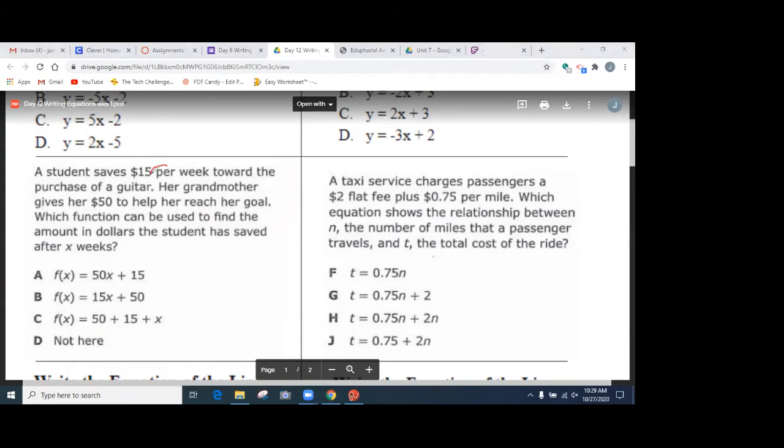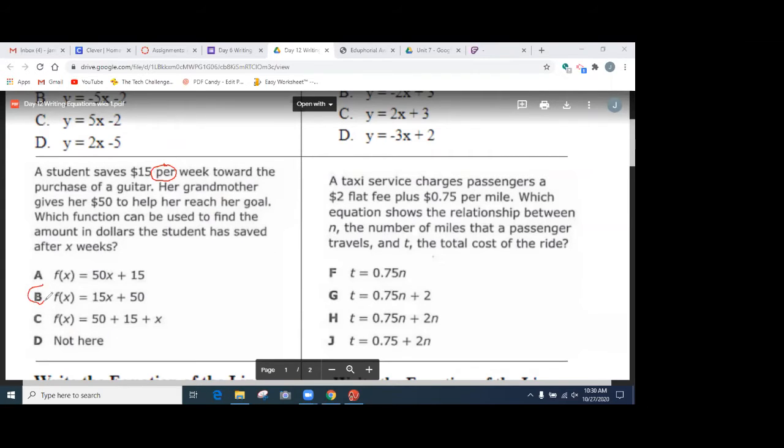Anytime you see the word per, it's a key word that tells us about slope. When I look at this word problem, it looks really, really hard, and a lot of times we would say guess C, but you see the word per right there, that means 15 goes next to X. It gives away slope. So 15 is my slope. Which of these answers puts 15 where slope's supposed to be?